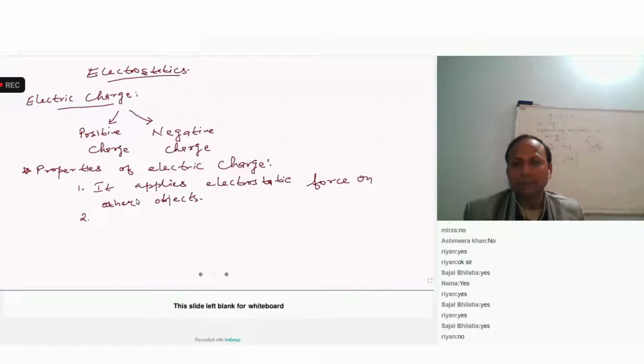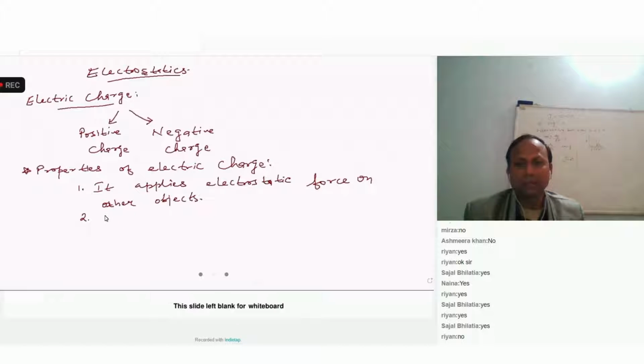as I earlier said, charges can be positive or negative. That means there may be two charges which could be either like charges or unlike charges. If the charges are like, then the force of interaction will be repulsive in nature. And if the charges are opposite or unlike, that means one is positive and the other is negative, in that case, the force of interaction will be attractive.